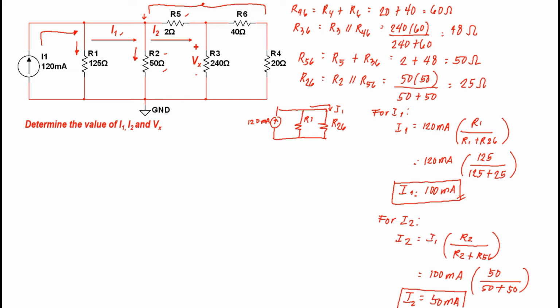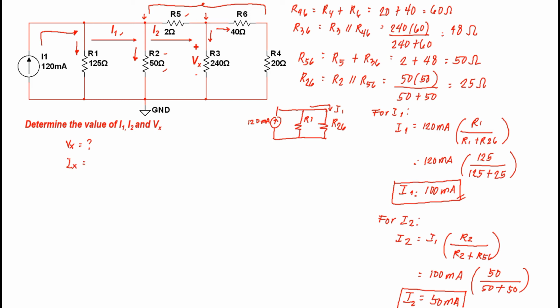Now to find the Vx, we have to get the current that's flowing through this resistor. To do that, we have I2. When the I2 enters this node, it will be divided into the current that's flowing through the R3 and the current that's flowing through this branch. Let's say the current through R3 is Ix.